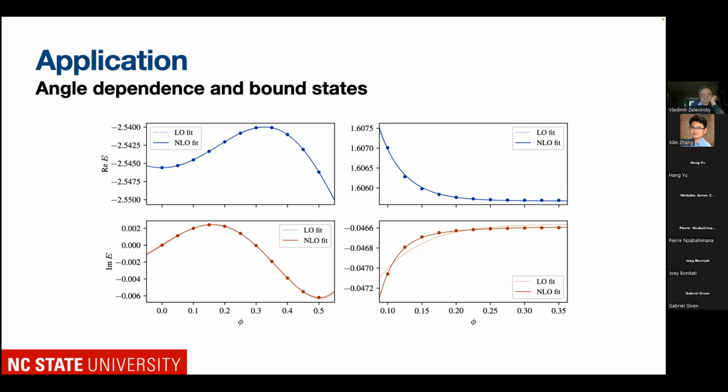The difficult part is how to do complex scaling correctly on the lattice, and that's another subject. We also ran another benchmark where we had two resonances. One is an S-wave resonance, located at around 1.6 plus or minus 0.4, and this is the phi angle. We change the phi angle, and we find that the leading term also works really well, but there's a need to include the subleading terms.